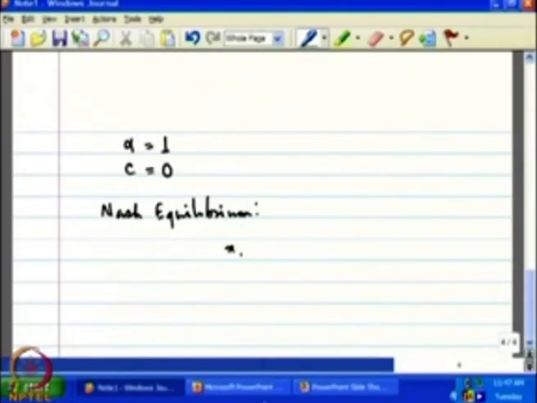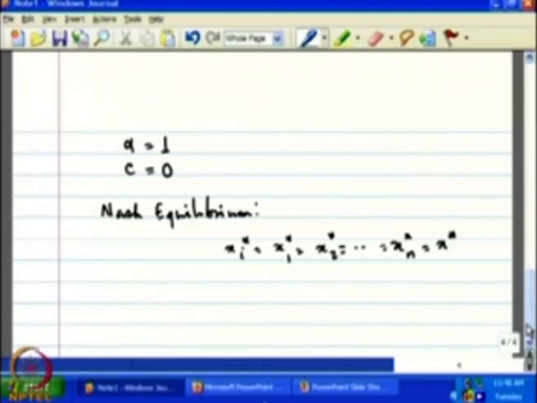Suppose x1 star is equal to x2 star, up to xn star, is equal to x star. Suppose this is the Nash equilibrium output level, and we can show very easily that they are equal for each firm. Then what is the level? That is an important question.